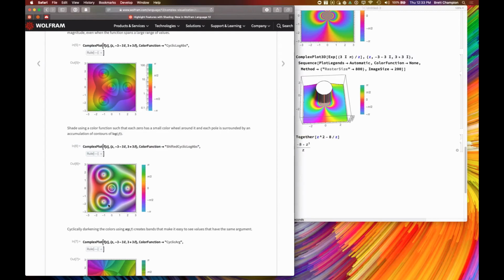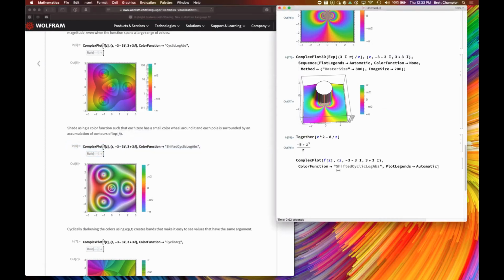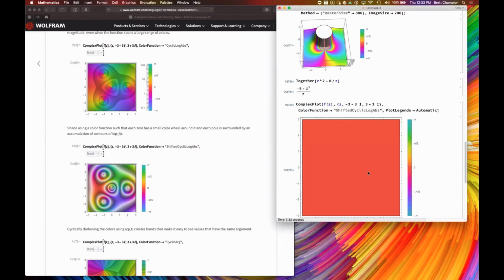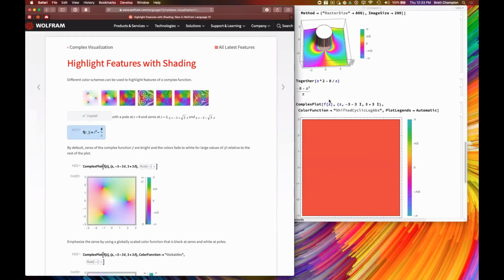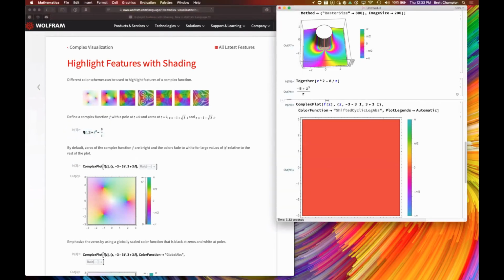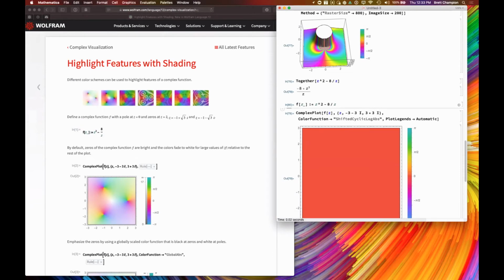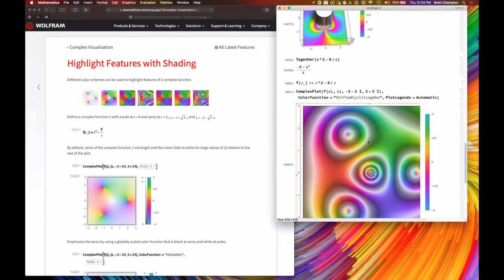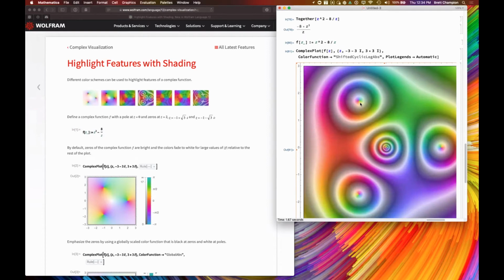And so you end up with, let's see, if I do this over here, then I can make it a little bit bigger, and it helps if I define F. And so you end up with a little color wheel at the center of each of your zeros.